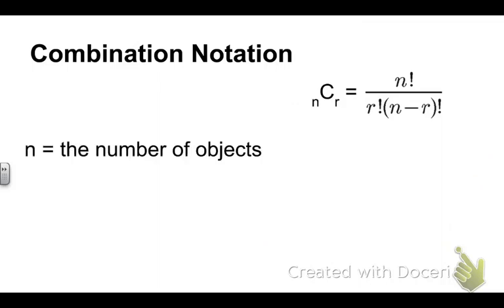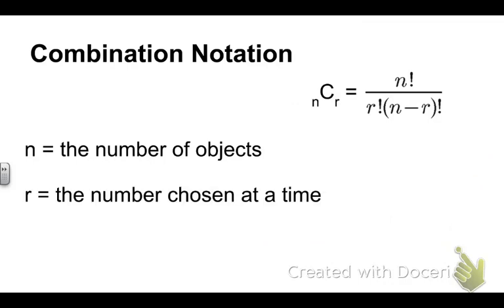But again, your n is the number of objects. And your r is the number chosen at a time. So same thing with the group example that I just gave. If I have 10 students and I'm choosing 7, every time I see the n, replace it with 10. Every time I see the r, replace it with 7.